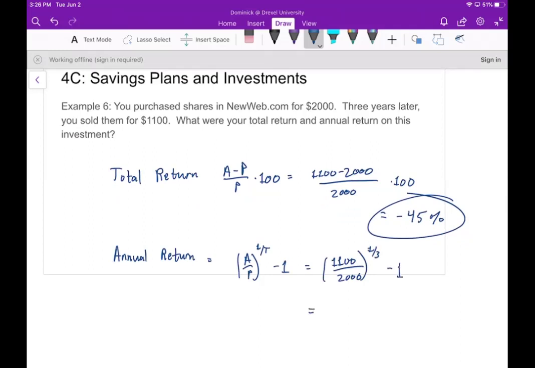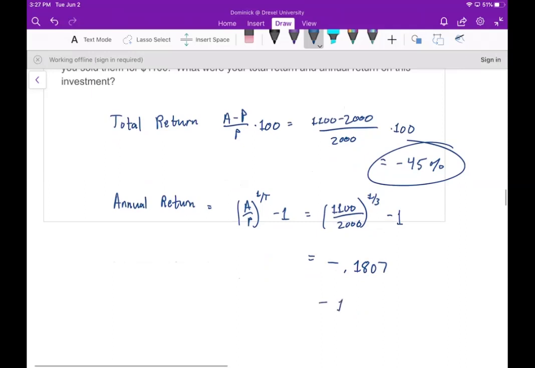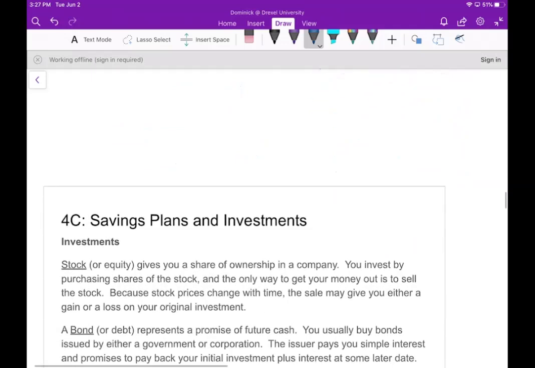So now if we do this calculation, we have 1,100 divided by 2,000, to the 1 over 3, and then subtract 1 from that. And we get a negative 0.1807, which means that we're losing 18.07% per year for each of those 3 years. All right, so those are your total and annual returns there.